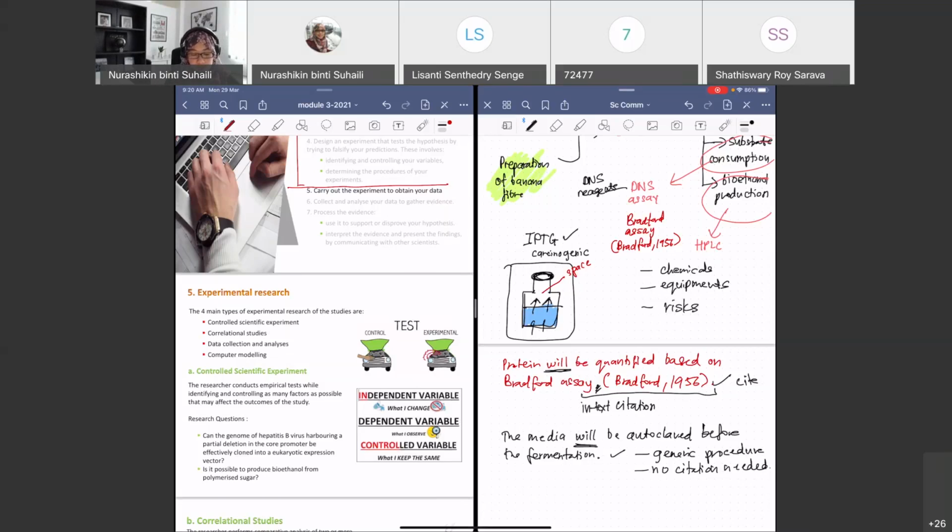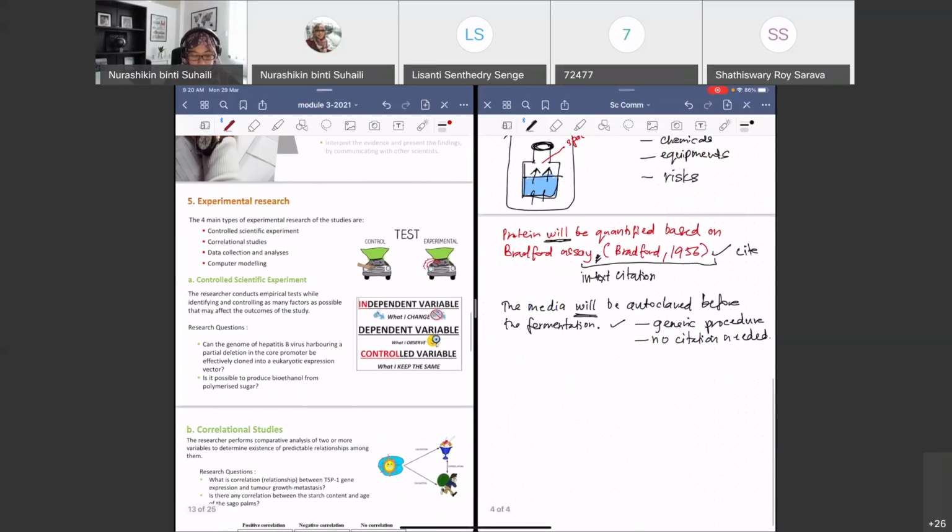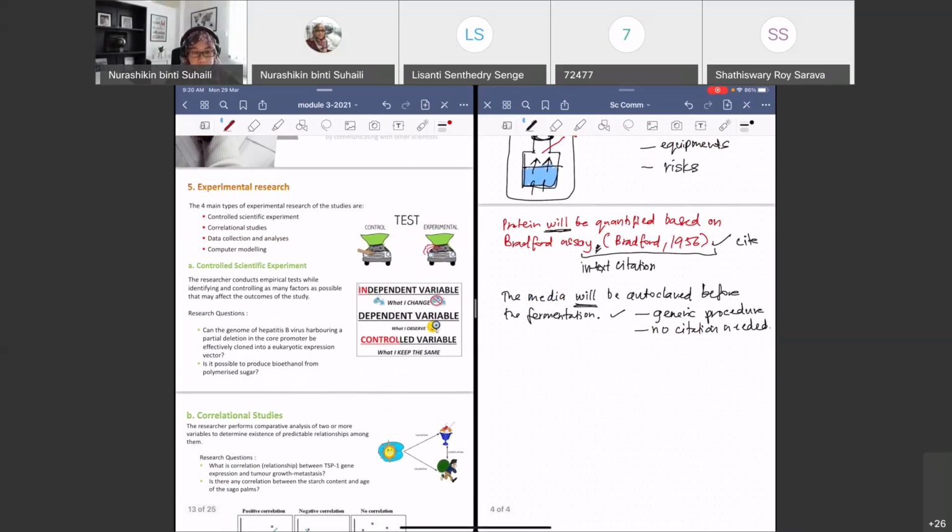Right, so let's focus on the experimental research. When we do the research, you have to know what kind of research, what kind of experiment you are doing, because in the lab there are many forms of experiments. Some of them might be just computational research, depending on the data, and you use software to model.